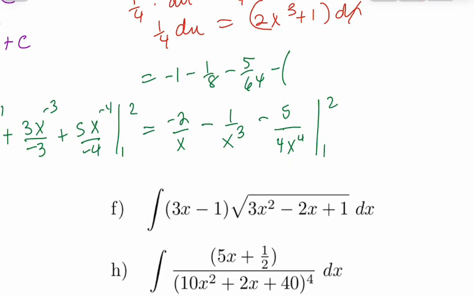If we plug in 1, we get negative 2 minus 1 minus 5/4. For a final answer of 195 over 64.